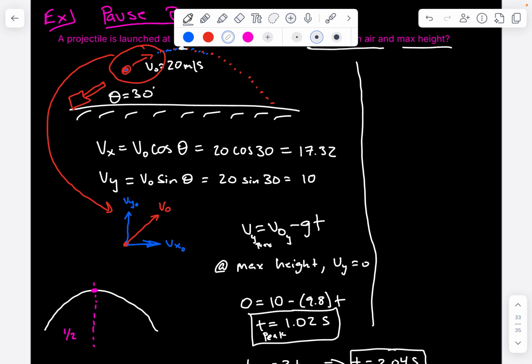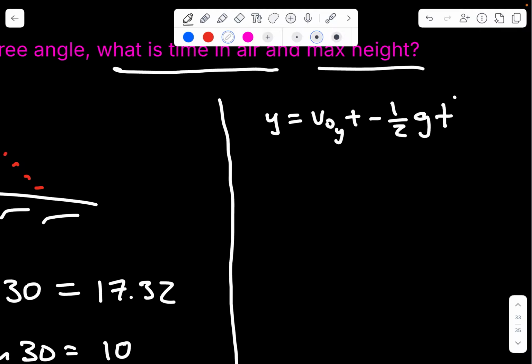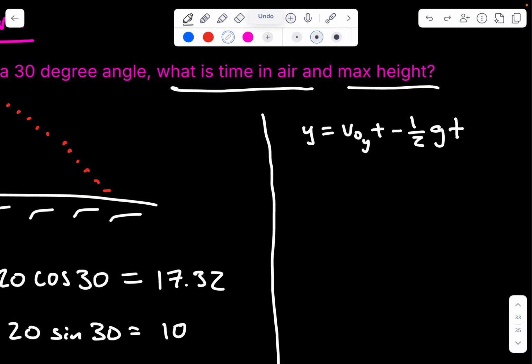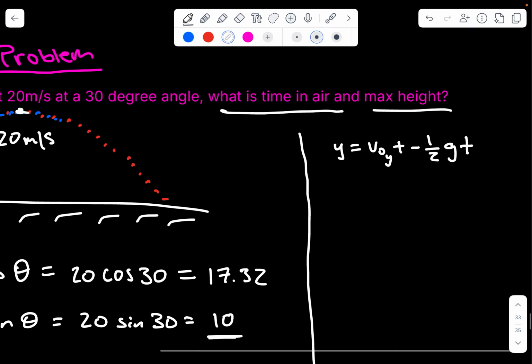And with that in mind, I have a formula from the sheet that looks something like y is equal to v naught in the y direction, times t minus 1/2 gt squared. Y in this case is our max height, so this is what we are searching for. V naught y we found was 10, so this is equal to 10.